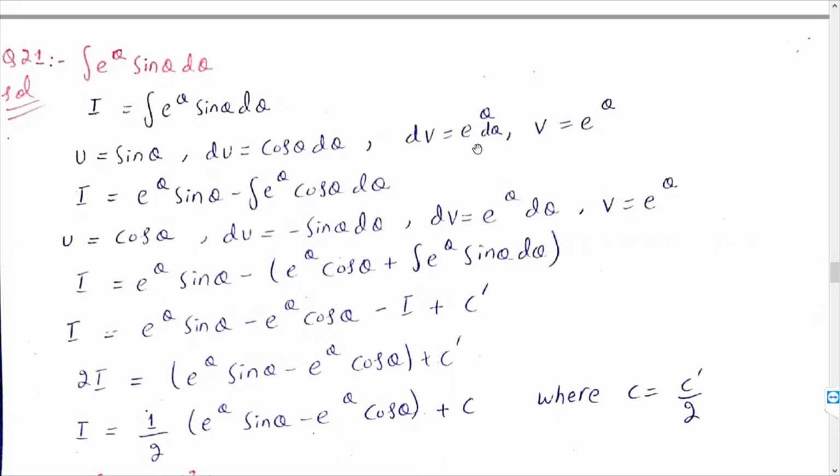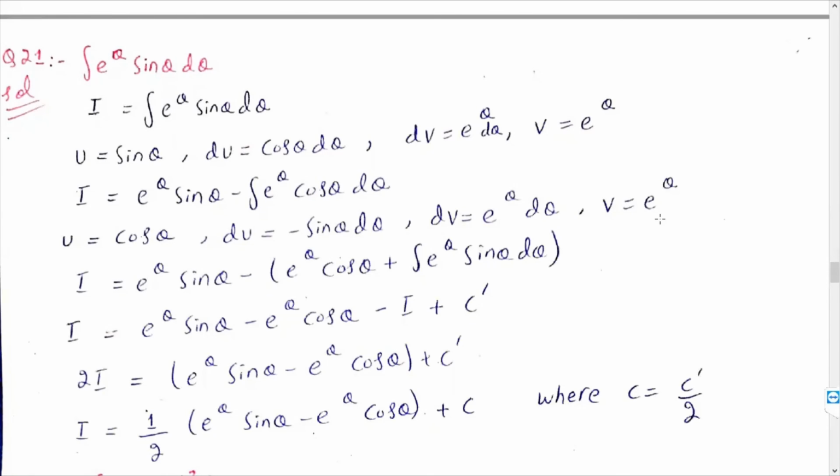Substituting all these values in the formula of integration by parts, I get this expression. Now, as we can see that integral comes on the right side once again, so we have to apply integration by parts once again. So let u is equals to cos theta, derivative of u is minus sine theta d theta. The remaining terms comes under dv. Integrating dv, we get v is equals to e raised to power theta.